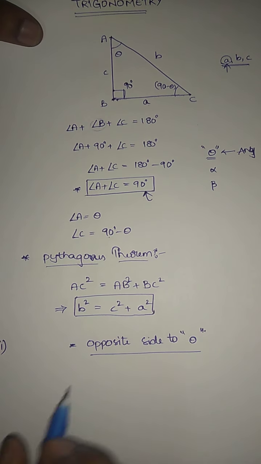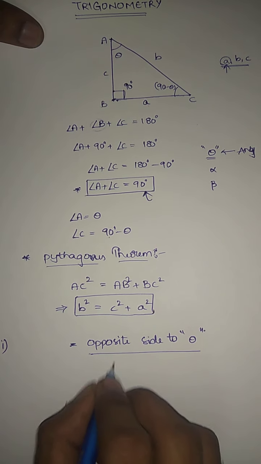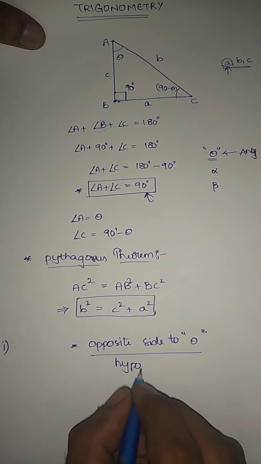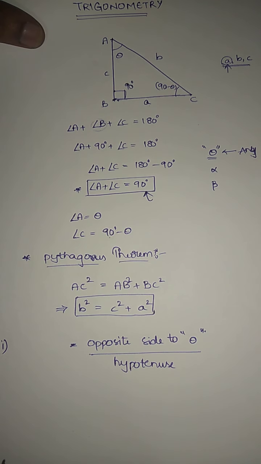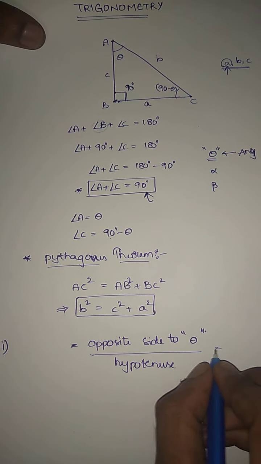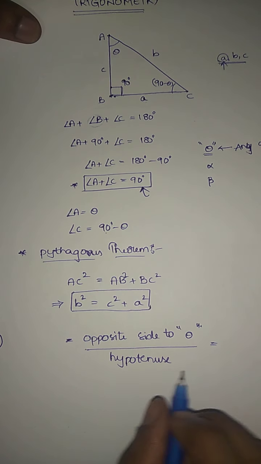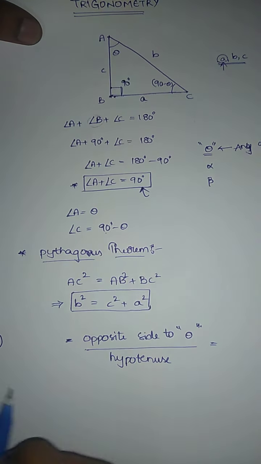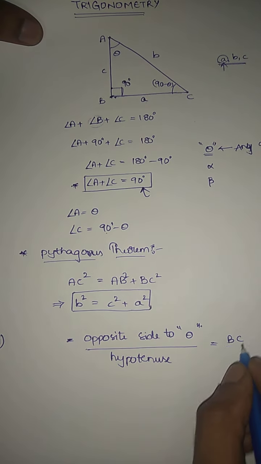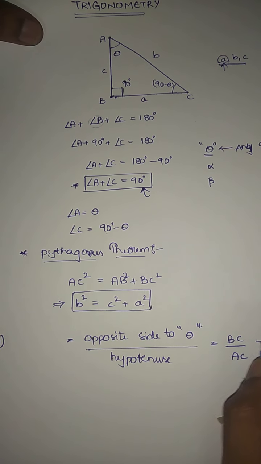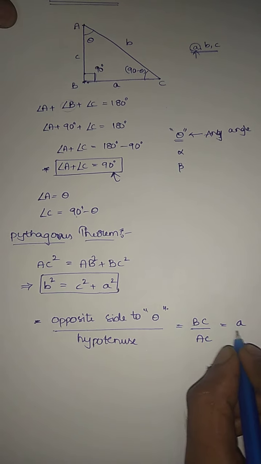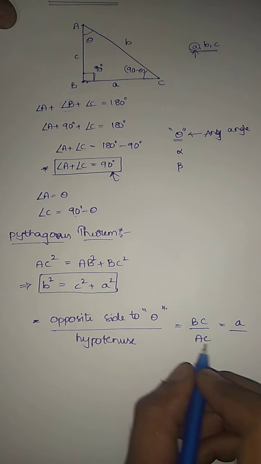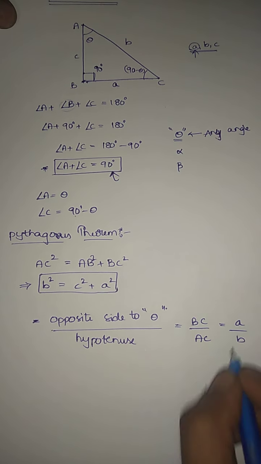Got it? So opposite side to theta by hypotenuse. I am writing all the possible ratios, and one of the ratios is opposite side to theta by hypotenuse. What is opposite side to theta? Opposite side to theta is BC by hypotenuse AC. BC is nothing but small a, and AC is nothing but small b.